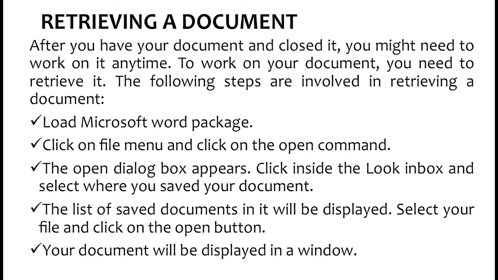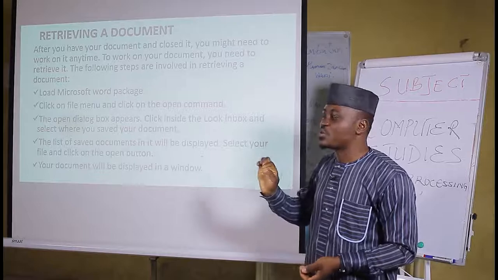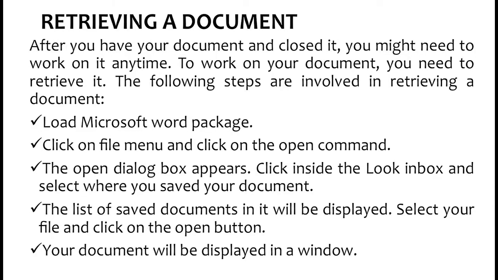Then you click on your File menu and click on the Open command. Once you click on your Open command, the Open dialog box appears. Click inside the Look in box and select where you saved it. Then the list of saved documents in it will display.